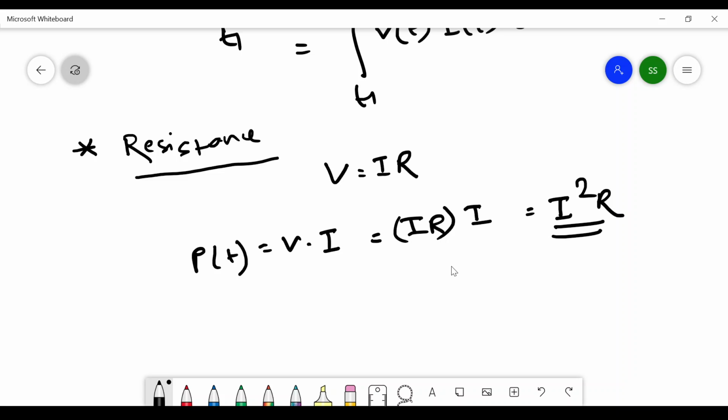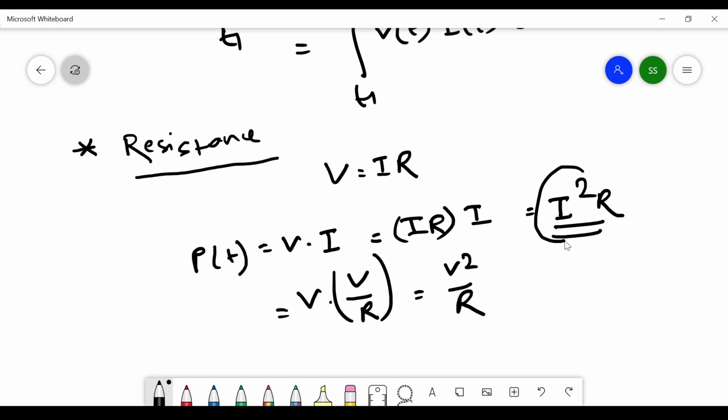And also if I write it in a different way, instead of I, we write V divided by R, then we get V square divided by R. This is also the equation of power which is being absorbed by the resistance.